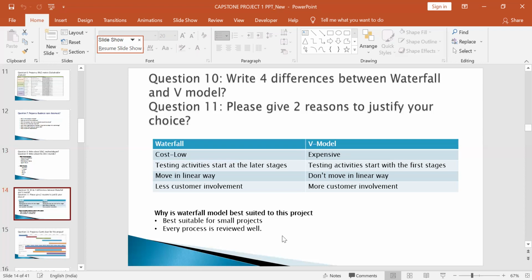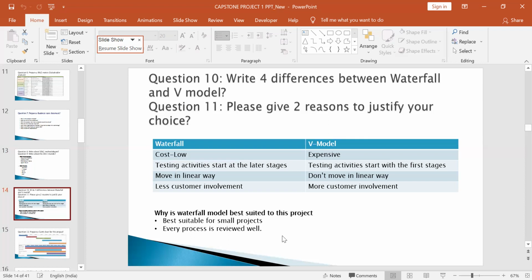So the V model extends from the waterfall only. When we start the project in waterfall, the testing activity starts at the later stage, it will be the last. In the V model, the testing activity starts from the first stage, when we start the project, at requirement gathering. And waterfall moves in a linear way.